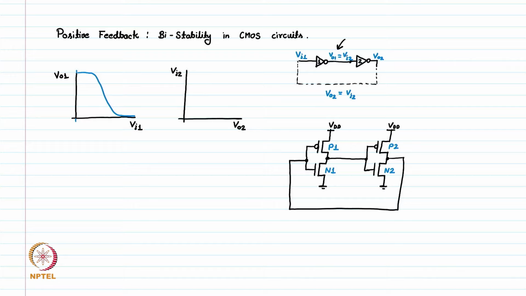So that's why we are writing it in such a way: V output 1 is on the y axis. Here we are writing V input 2 as the y axis, and similarly for the x axis. If we draw this VTC characteristic for the second inverter, this looks something like this.